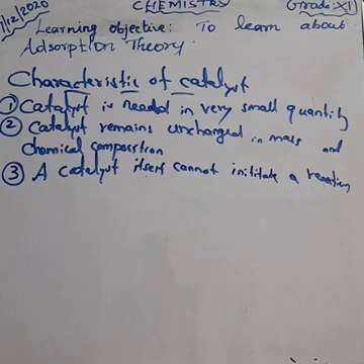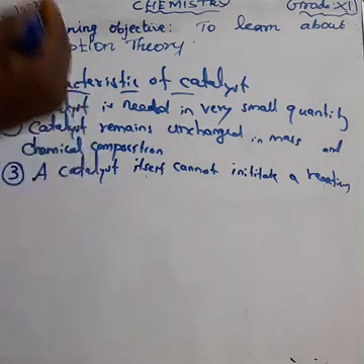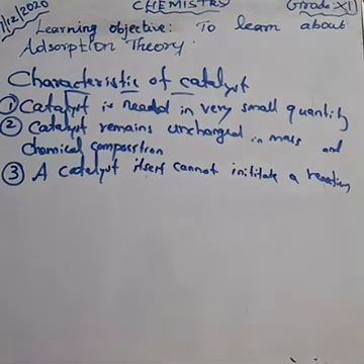Clear? What's the concept? First one, for a chemical reaction, catalyst is needed in a small quantity. A catalyst is needed in a very small quantity for the bulk of the reaction. Am I right? Yes.